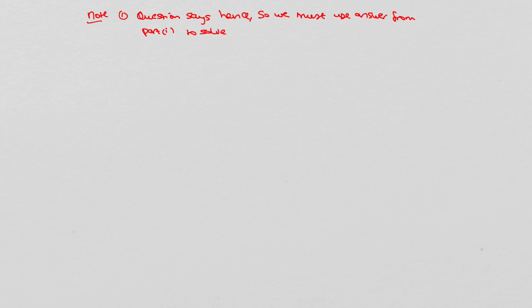Right? If it said otherwise, we could just multiply out the brackets and solve the quadratic. And if it said hence or otherwise, that means you can solve by any method.